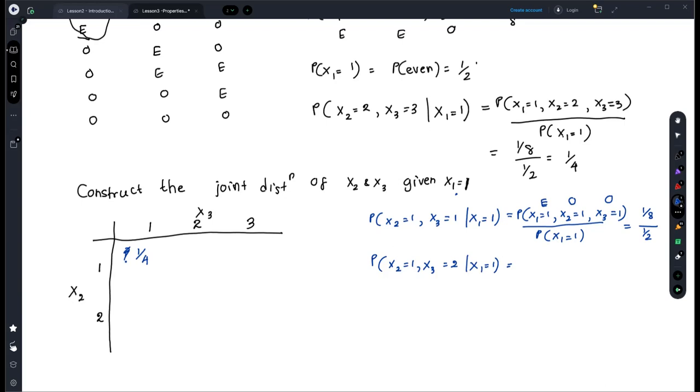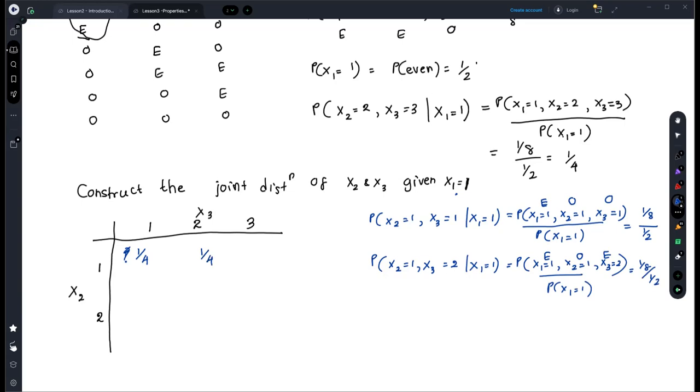If so, can you get x3 equals 2? That means you got even for the third toss, right? So what is that combination? You can write it and see x2 is 1, x3 increment. So this will be even, odd, even. Again, it is 1 over 8, so 1 over 4.